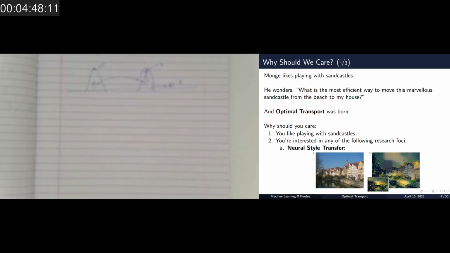For example, 10% of the image is the color yellow, or some specific shade of yellow, and then you take your input image and ask what is the minimum cost of transportation of the original pixels in this image to match the same distribution as my reference image.